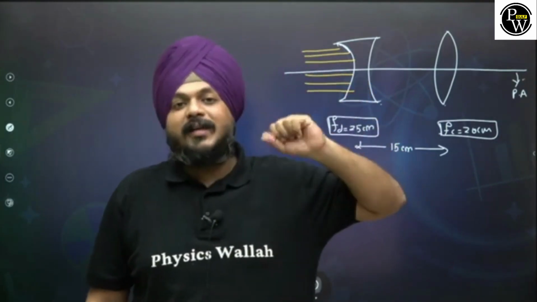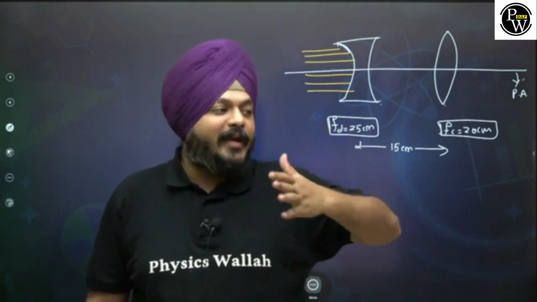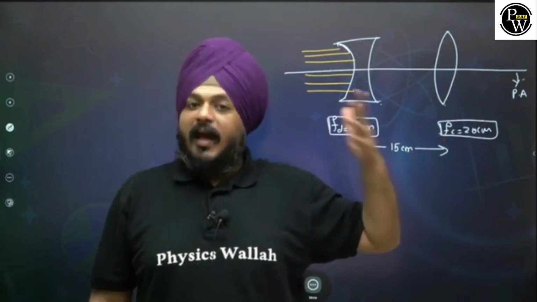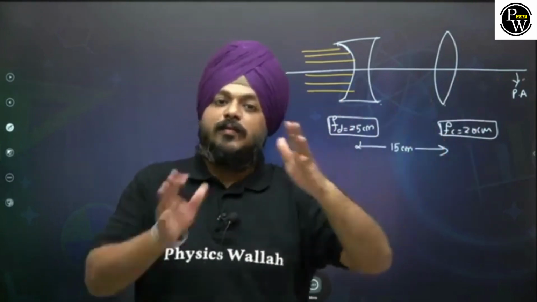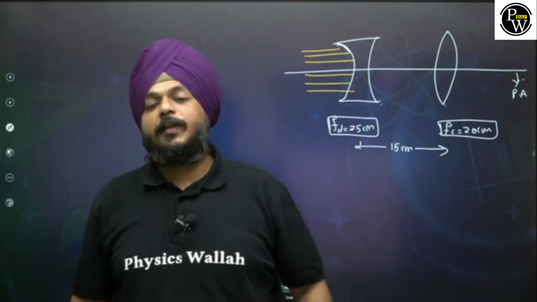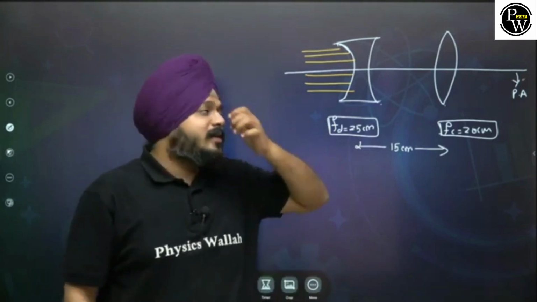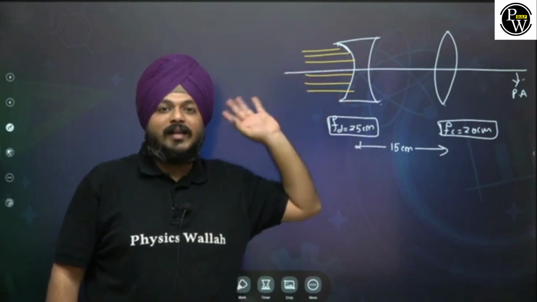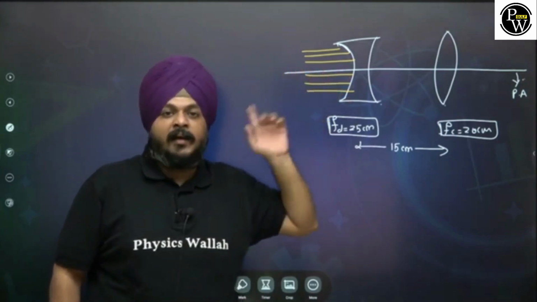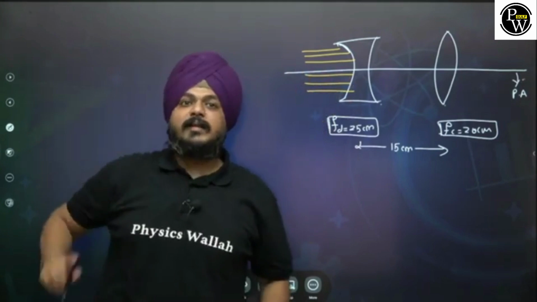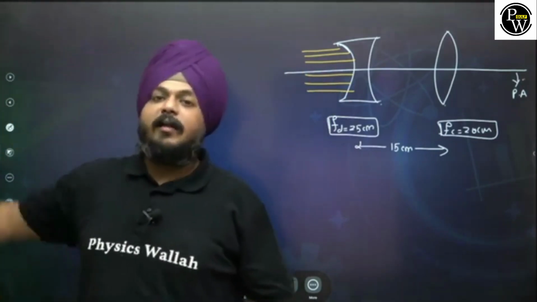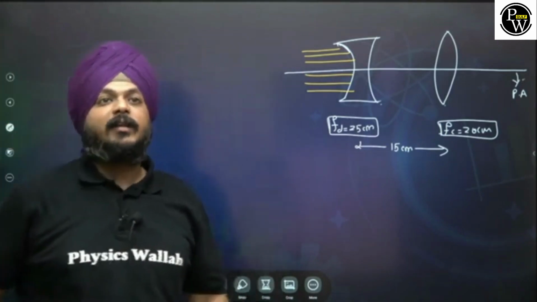If the object is kept at infinity, then the rays of light have to cover quite a large distance, and when they cover such a large distance, obviously they become parallel with respect to each other. So these lines are parallel with respect to this lens, and when they are getting incident, they are parallel. It means the object is right at infinity, and from infinity the rays of light are coming.